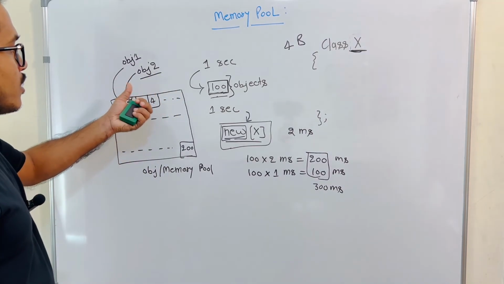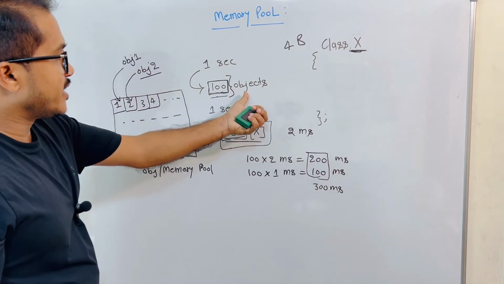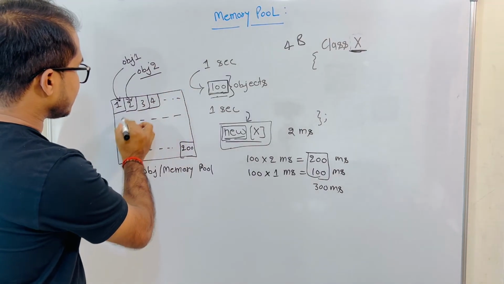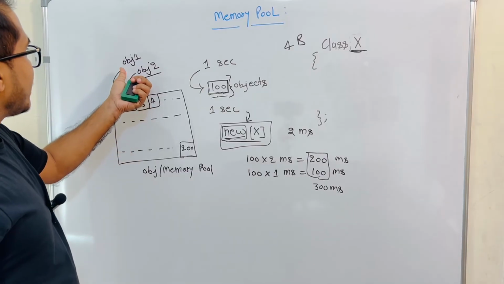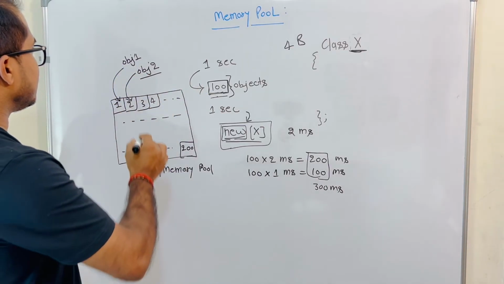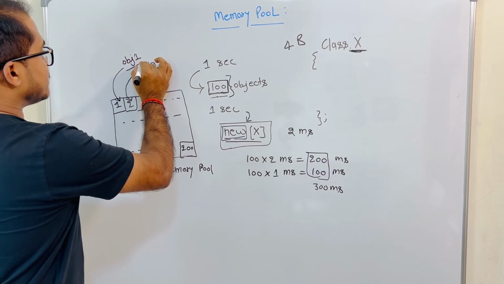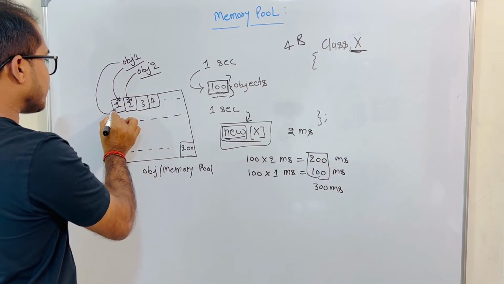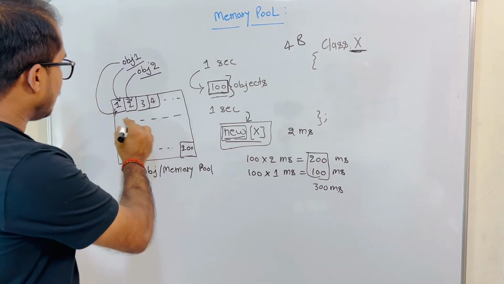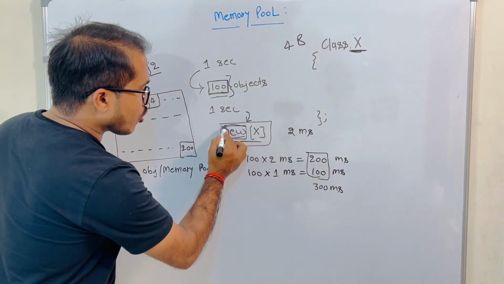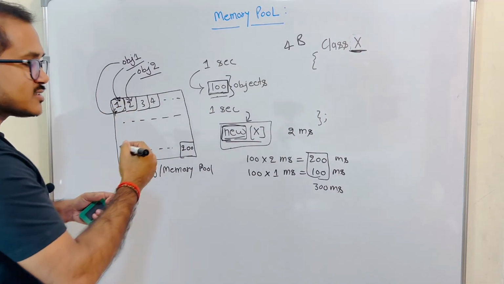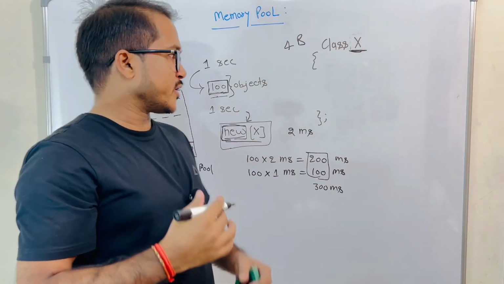Likewise, if I need 100 objects at a time, I can pick 100 objects from this memory pool. And whenever I need to delete an object, say object 1, I'll put it back into the memory pool, so that whenever I need to create one more object, I can reuse it. This process keeps going.